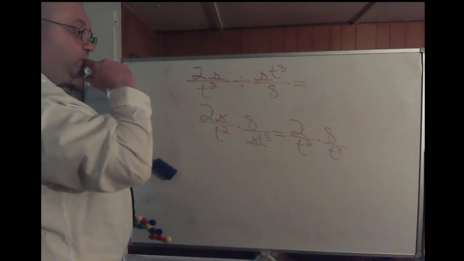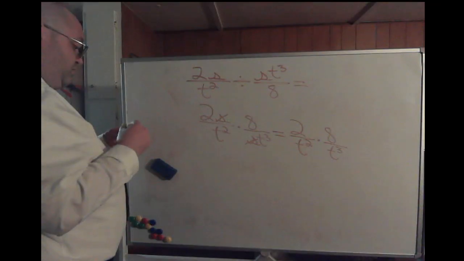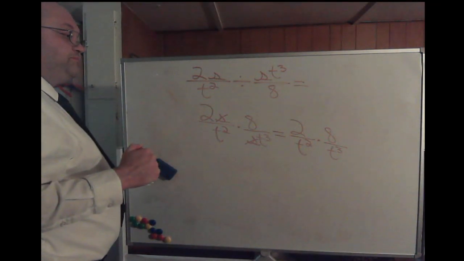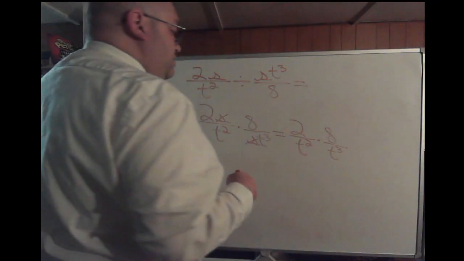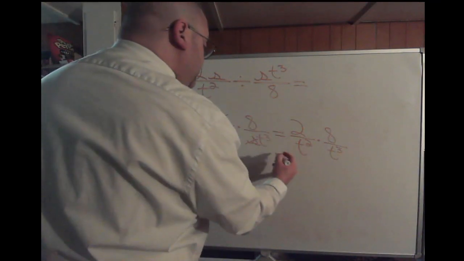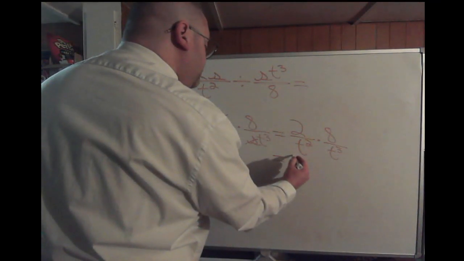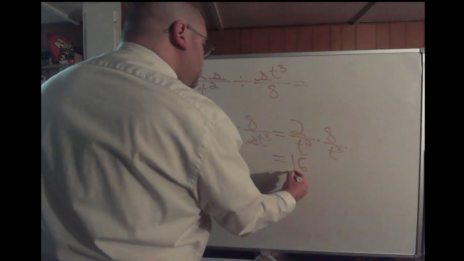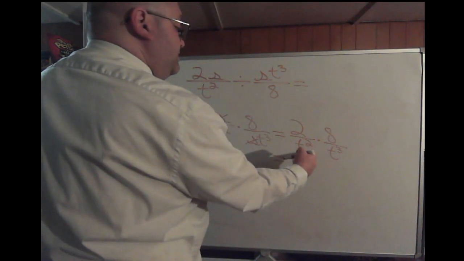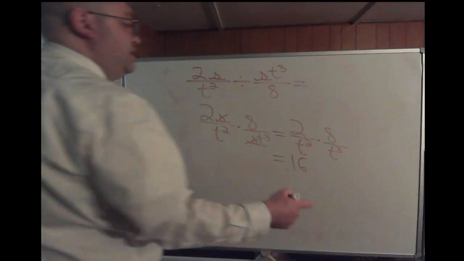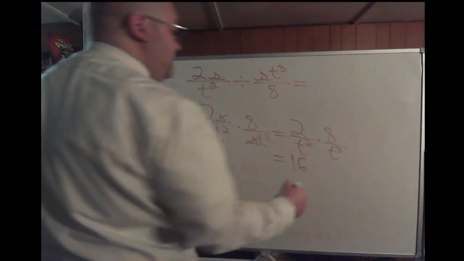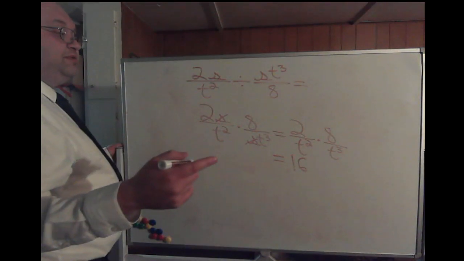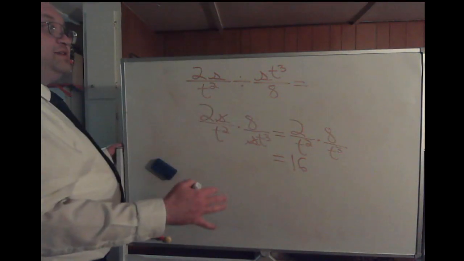Well, there are a couple of ways we can do this. Let's multiply these. 2 times 8 is 16. Now, you could have moved those t's into the numerator and had negative powers, and then when you multiply, you would have added them, and then you would have had to put the power back in the denominator.